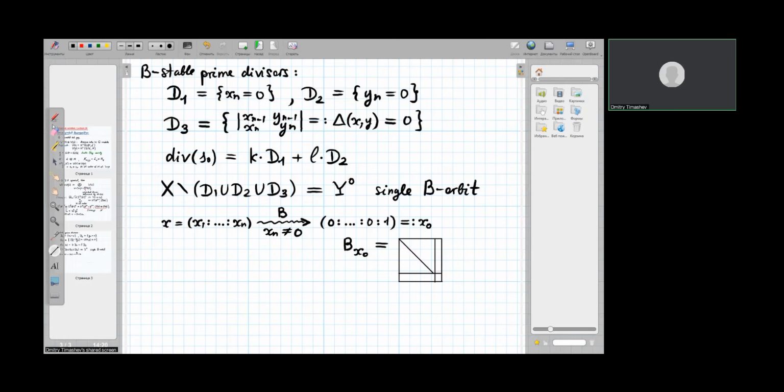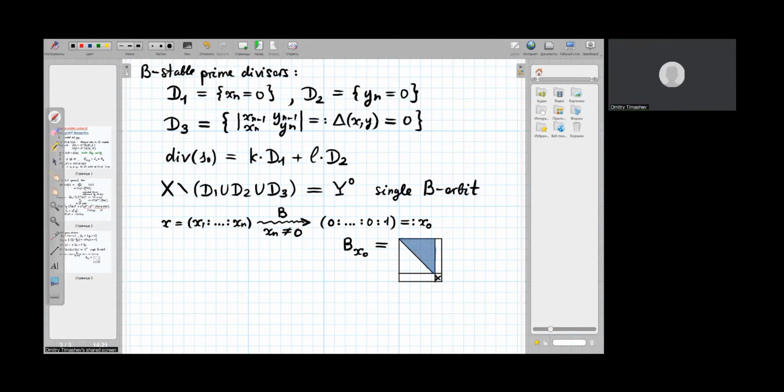So what is this stabilizer? You have anything here, any non-degenerate upper triangular matrix here. You have any non-zero entry here.